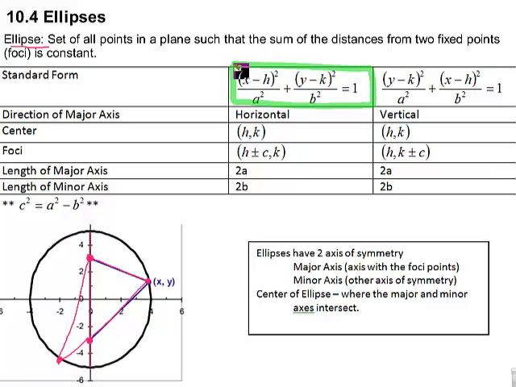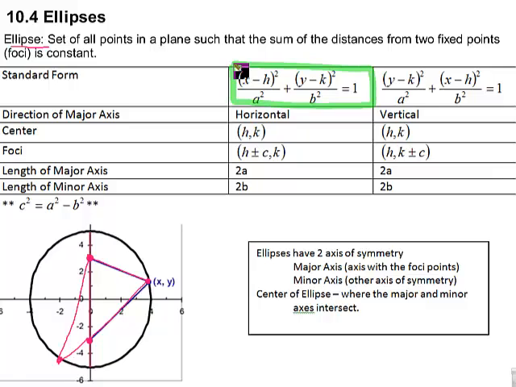What are some similarities to our circle standard form? Okay, so we have the x minus h squared and the y minus k squared. What are the differences between this and the circle? Yeah, in a circle we had this equal to r squared. Here for an ellipse, we have two denominators, and these denominators are separate lengths. So this is an a squared and that's a b squared.